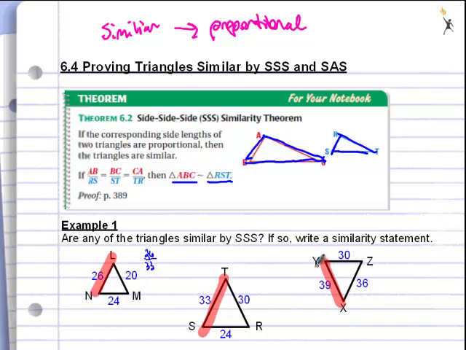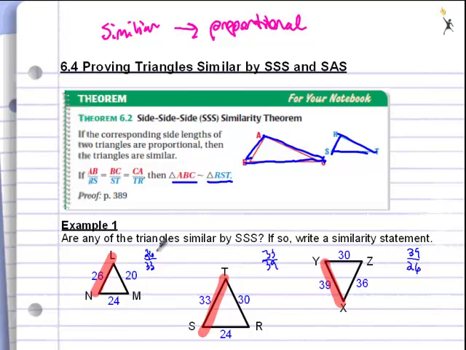Then I'm going to set up the exact same thing in between these two, dealing with TS and YX, 33 over 39. And then last but not least, I'm going to use the outside ones, LN and XY, but I'll set it up over here, just so I keep all three scattered out. 39 over 26. Now, if any of these will reduce, that's what we need to do first. We need to try and reduce them.